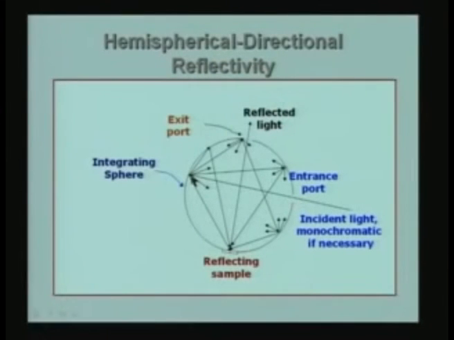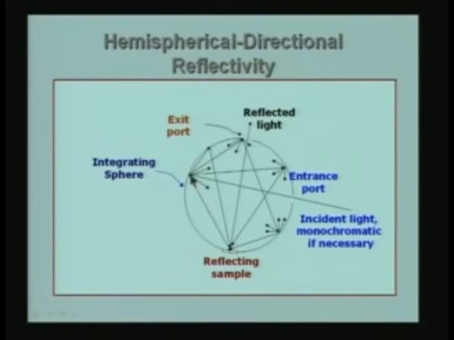So, an integrating sphere is essentially a spherical chamber, and you have an arrangement by which you can allow light to enter it through a small port or entrance port as shown here, and then when it falls on the inside surface, it gets reflected in all directions. So, basically this is the principle of the integrating sphere. Now, what can happen inside?